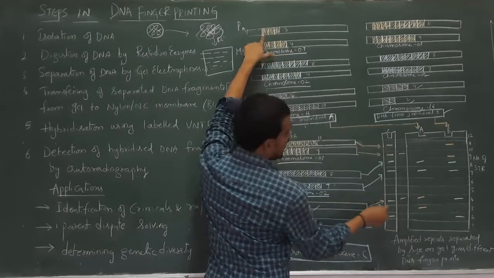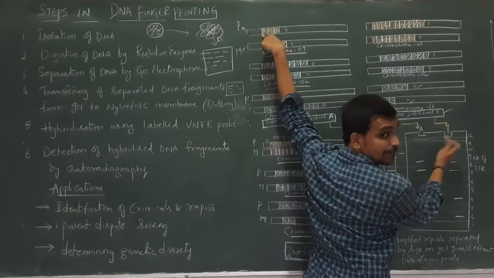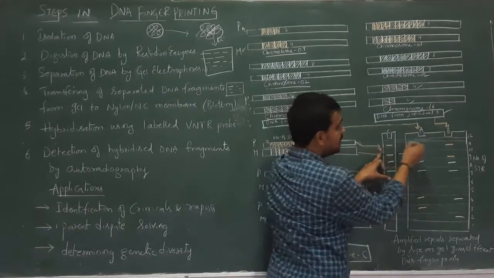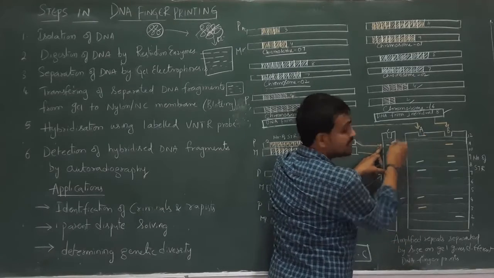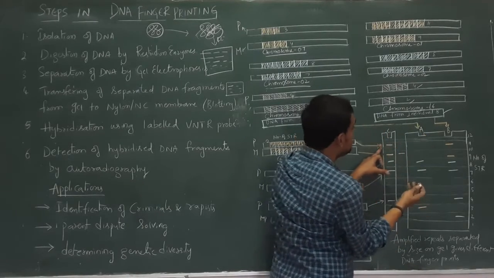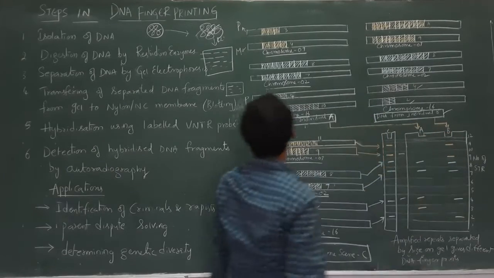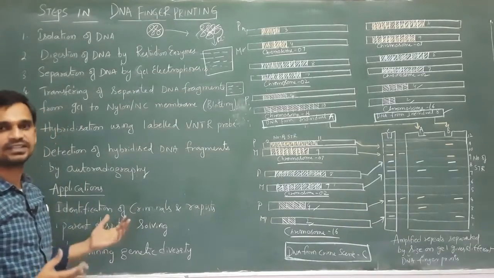So likewise, if you see the bands of persons A, B and C, C matches with B in all the cases, but A cannot be matched with C. So you can easily identify that B is the criminal, not A. So with that we can complete the DNA fingerprinting. This is how we can easily identify the criminals.